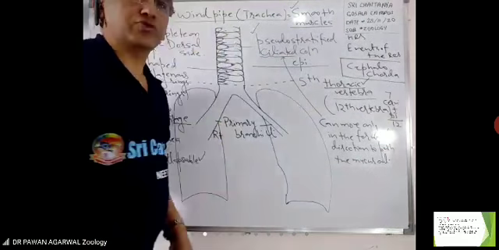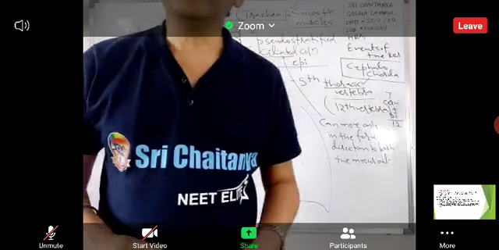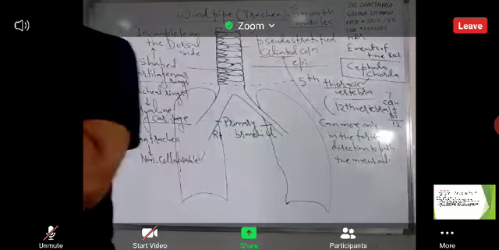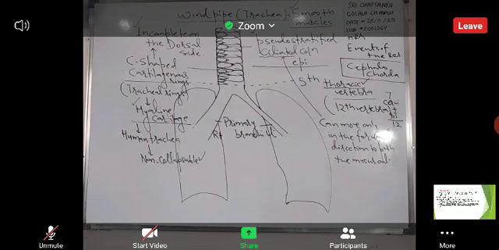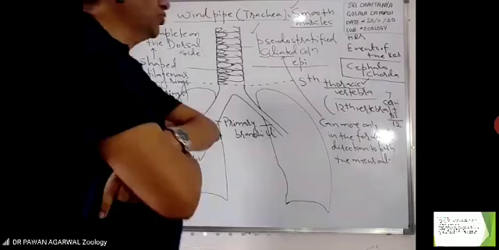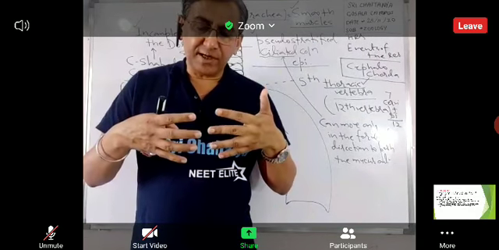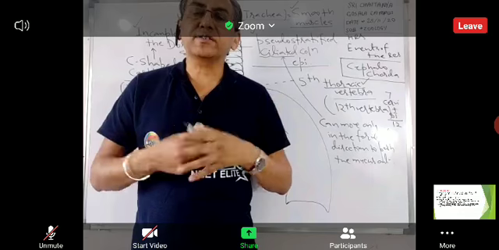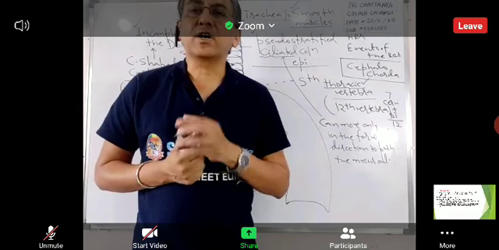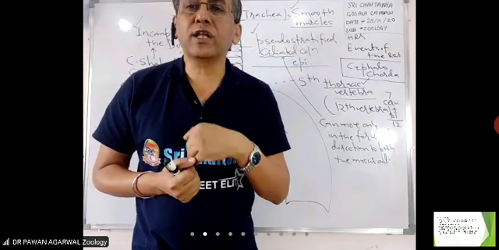So this is the point that you have to remember. Internally, it is lined by pseudo-stratified ciliated columnar epithelium, and the cilia move only in the forward direction to push the mucus out. Otherwise, the mucus will go into the lungs and damage the lungs.